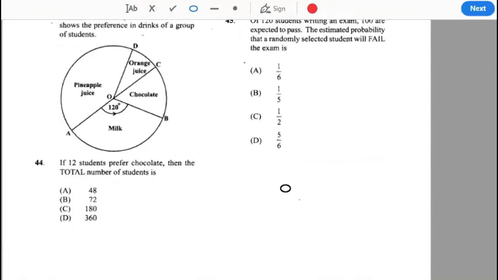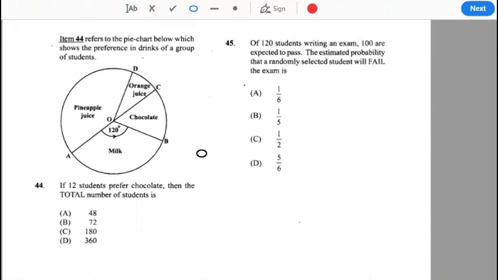If 12 students prefer chocolate from this diagram, then the total number of students is... So this is a pie chart showing the preference in drinks of a group of students. Remember that angle on a straight line measures 180 degrees. So in this case, milk and chocolate alone from this pie chart is 180 degrees. What we're trying to find first is the degree attached to the number of students who prefer chocolate.